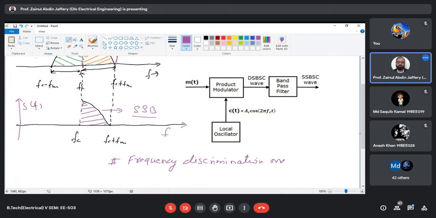So this is also called a frequency discrimination method for the generation of SSB.